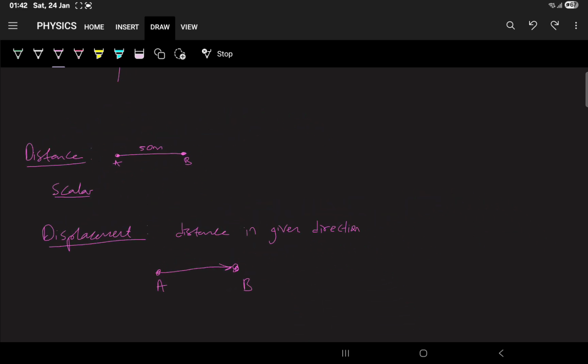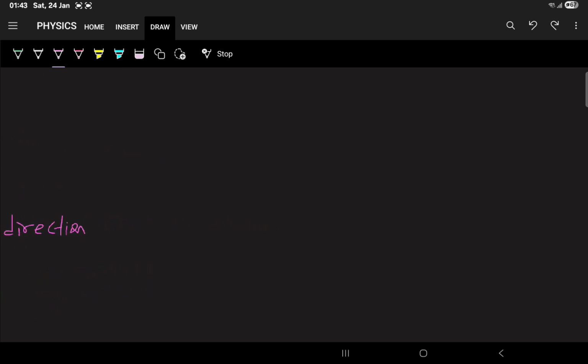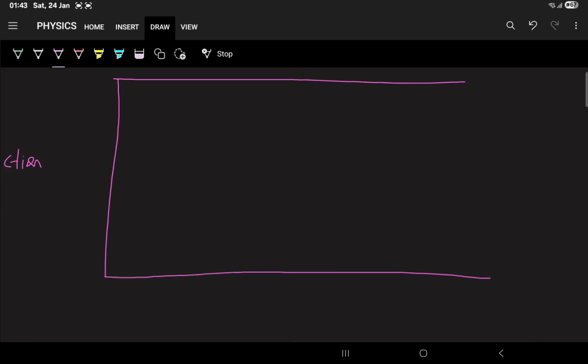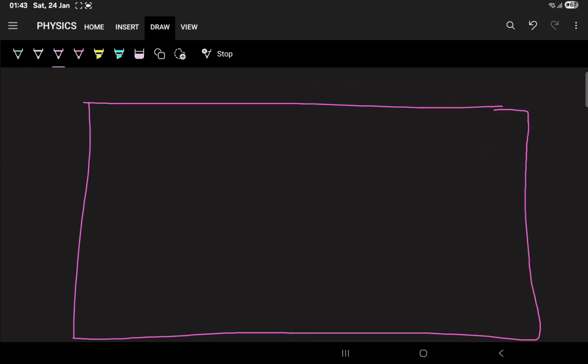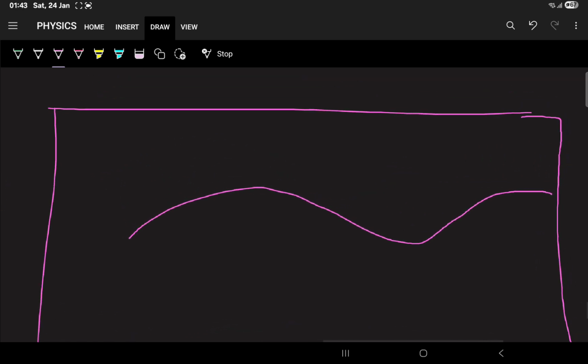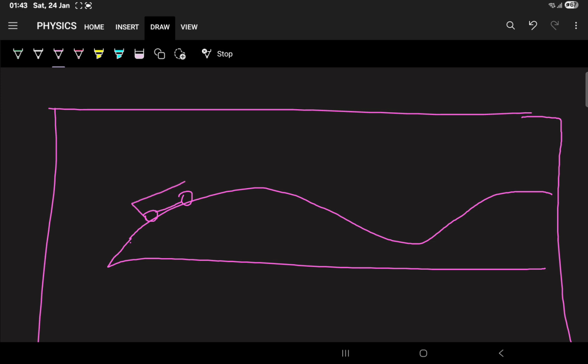Now, let me quickly illustrate this in a picture frame. Assuming we have a hill here and we have a car at this point of the hill. This car will be pointing towards this direction at this point.